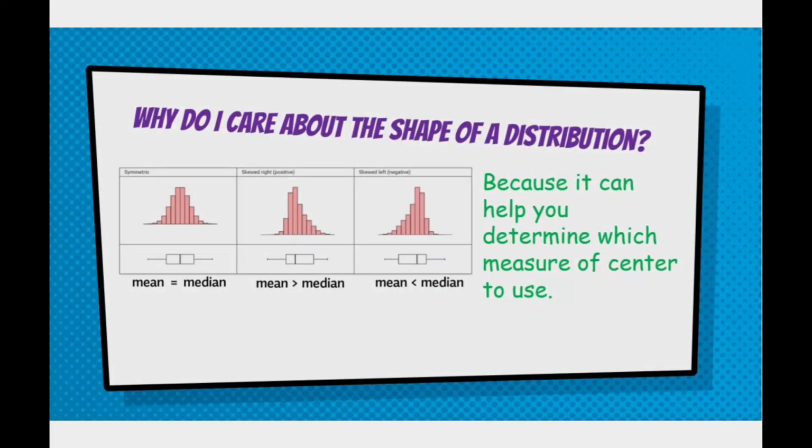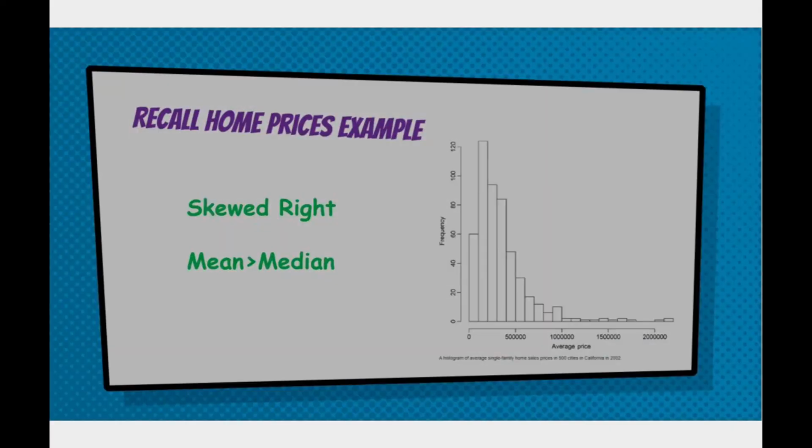So why do we care about the shape? The shape of a histogram or distribution can help you determine which measure of center to use. Like when we talked about earlier, home prices, for example, this would be an example of home prices in a particular city or area. Think like Trophy Club.